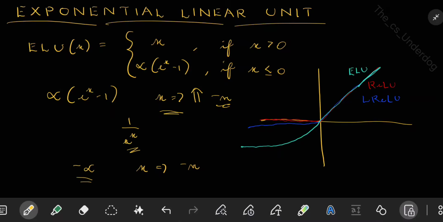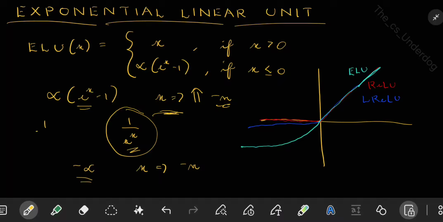That means this term is going to go closer and closer to 0 as you increase the value of x on the negative side, not on the positive side. If you are increasing on the positive side, the formula is simply x. But on the negative side, when you increase the magnitude of x, e power x will go closer and closer to 0.